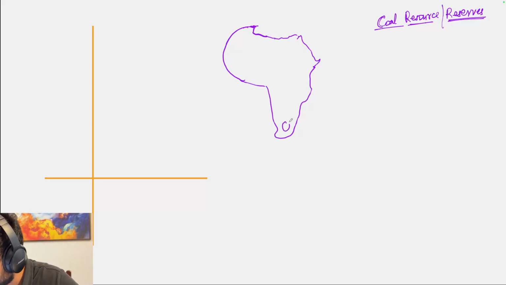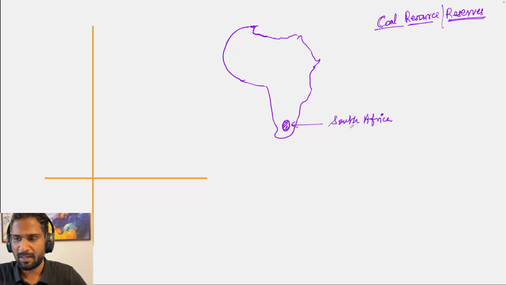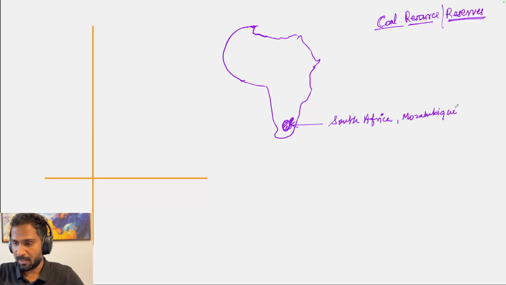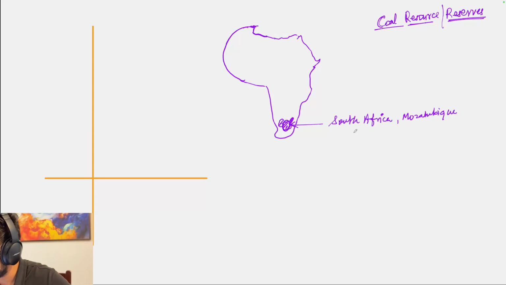So this part of Africa, which comprises of South Africa, and some part of Mozambique over here. Some part of Mozambique. Over here, if you can see, this part is Botswana.